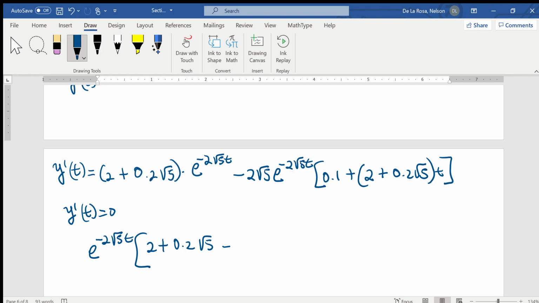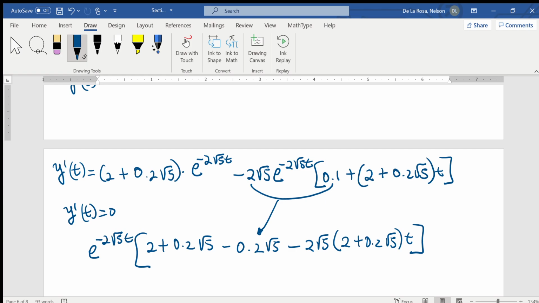Yeah, when you multiply these 2 times 0.1, that's going to produce 0.2 square root of 5. This multiplication is going to produce a negative 0.2 square root of 5 minus 2 square root of 5 times the parentheses, which is 2 plus 0.2 square root of 5 times t. And that should be equal to 0.